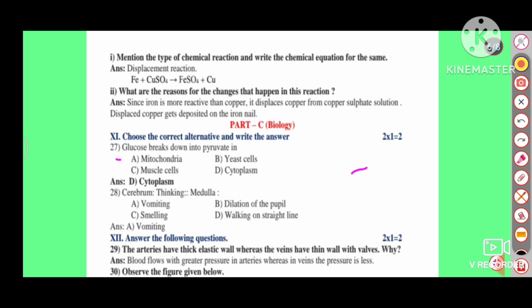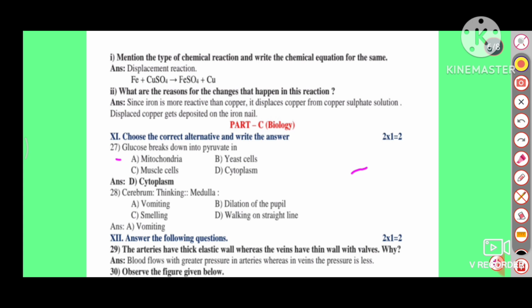Next part C, biology. Choose the correct alternative and write the answer. Question: glucose breaks down into pyruvate in, options: mitochondria, yeast cell, muscle cells, cytoplasm.